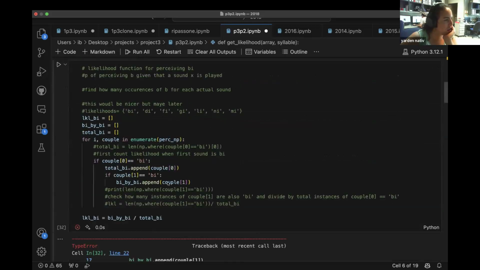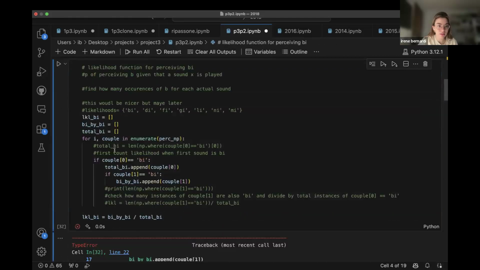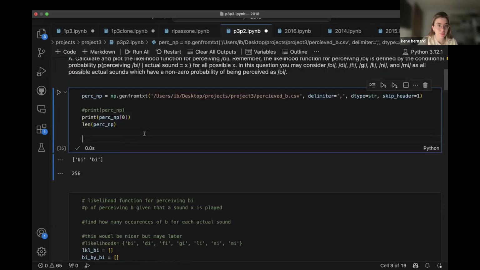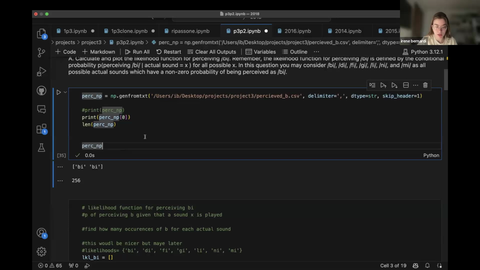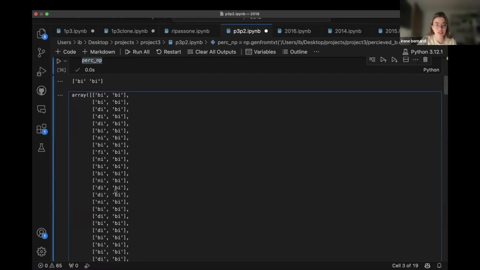Let me see. When you look at this, see the second column, the column is all B's. On the right is the perceived, and this is what was pronounced. So if the participant always hears B, no matter what, the likelihood of B is always 1.